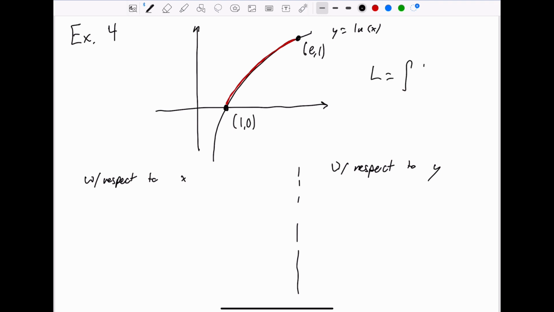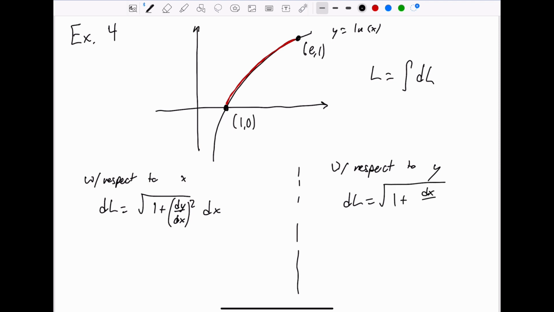Arc length equals the integral of dL. When we integrate with respect to x, the expression for dL is the square root of 1 plus the derivative of y with respect to x, quantity squared, dx. Integrating with respect to y, the expression for dL is the square root of 1 plus dx over dy, quantity squared, dy.